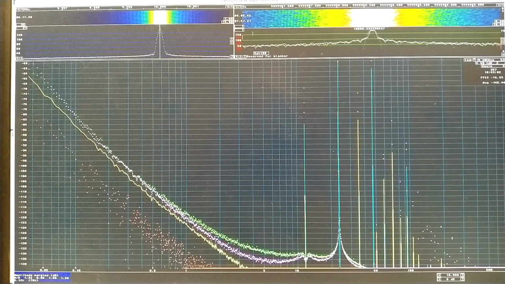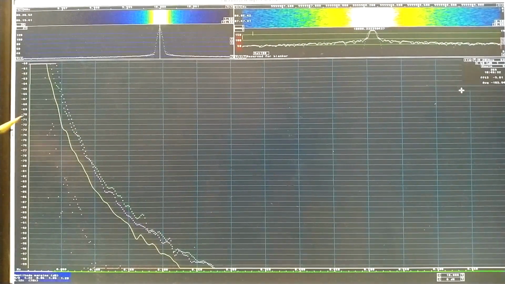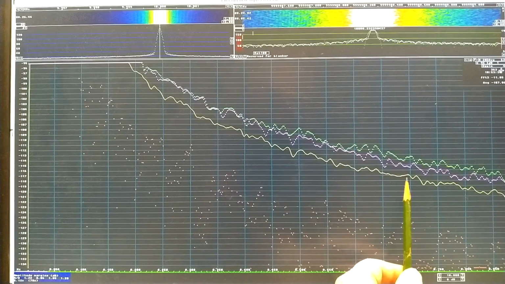I will plot this data in the usual fashion and see how it looks on the graph. Minus 72 at 0.05 hertz. And 0.7 hertz here, minus 117.3.